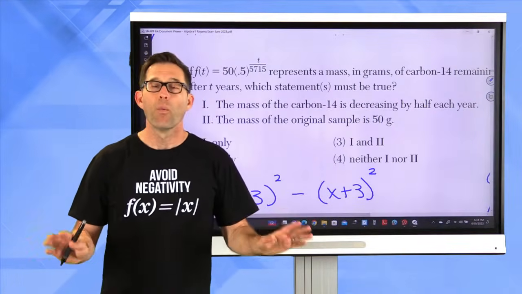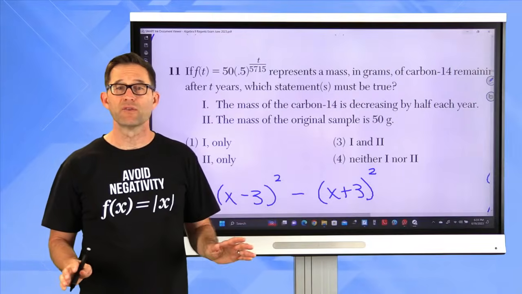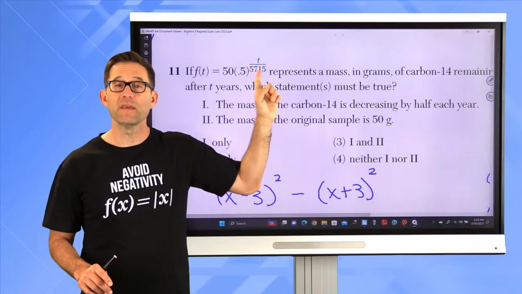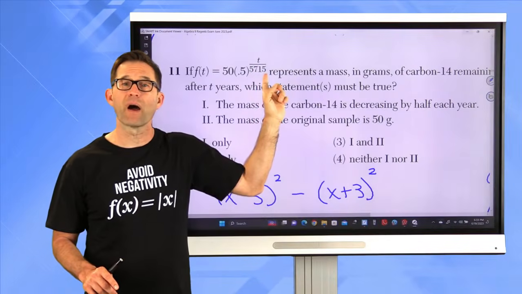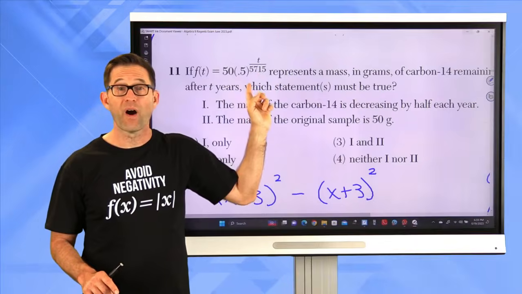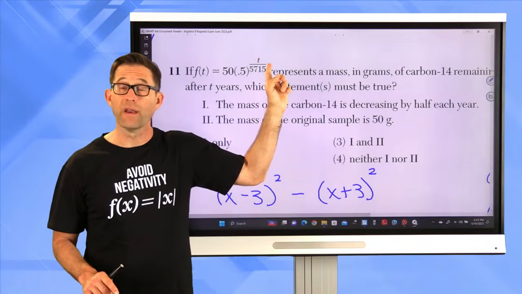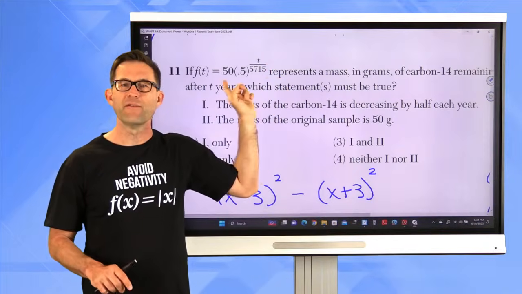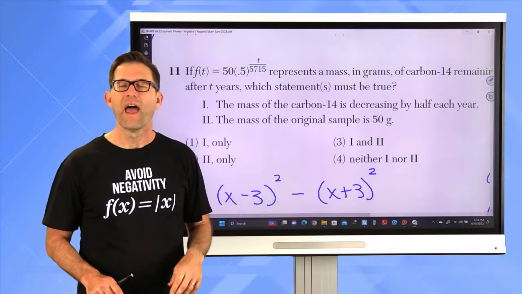Now, one thing I can tell you is immediately true is number 2. How do I know that? Well, if I put t equals 0 in here, 0 divided by 5,715 is 0. 0.5 raised to the 0 is 1, as anything raised to the 0 is, except for 0. And 50 times 1 is 50. And that's classic.